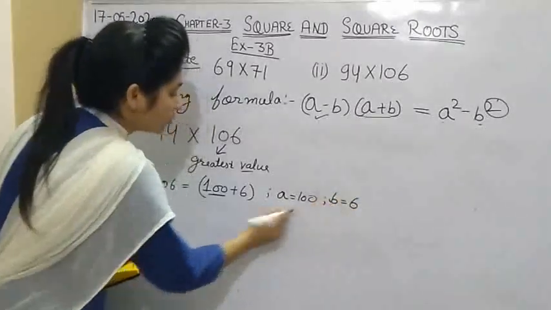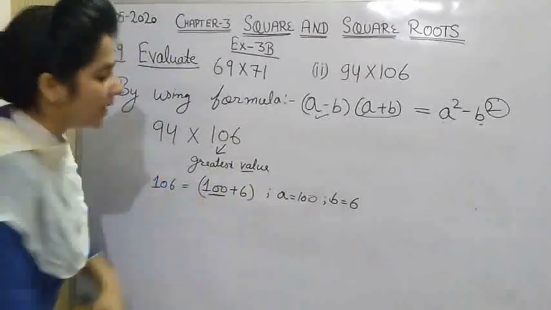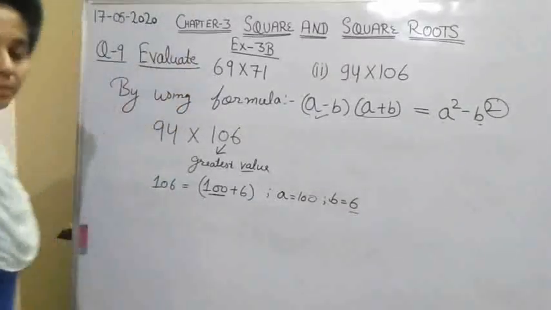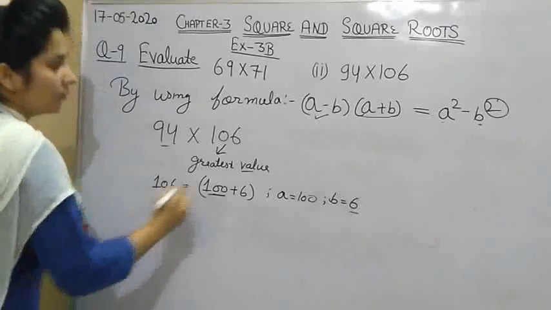Now you have got the value of a, it is 100, and the value of b is 6. Now the other number is 94.